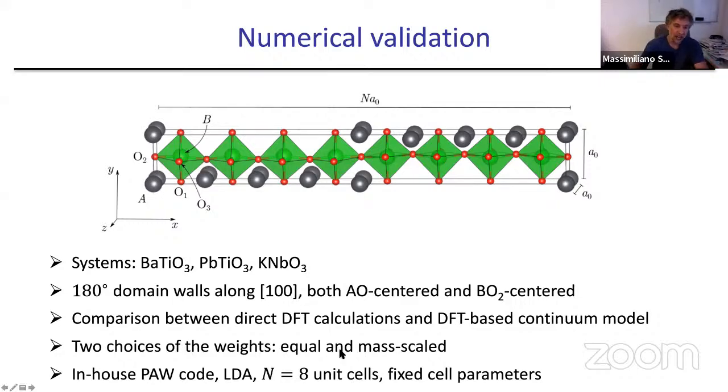So, to test our covariance principle, we'll use two choices of the weights, either equal or scaled by masses, and see whether it is true, as I try to convince you, that the physical answers are the same. And just to add one more challenge, we used an in-house PAW code written by myself, which is very user-unfriendly, so as to test these ideas in the worst possible conditions.